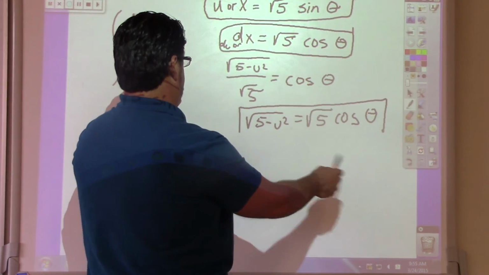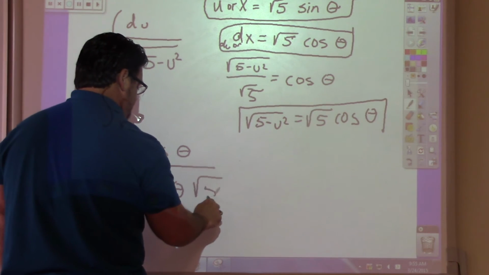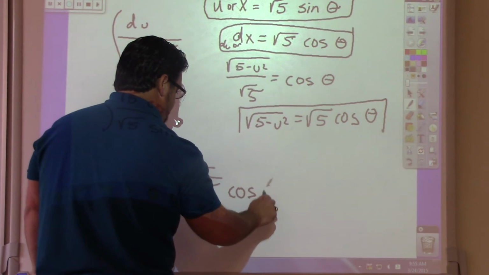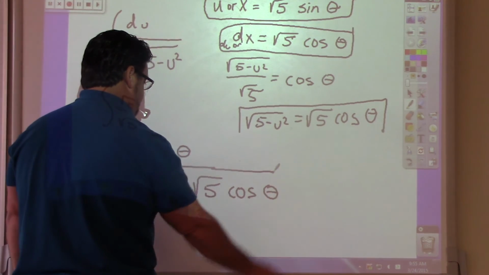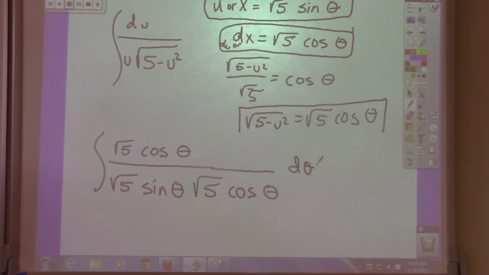Here we go. Square root of 5 cosine of theta. Of course, the square root of 5s can come out.